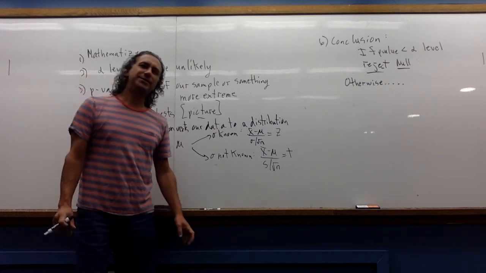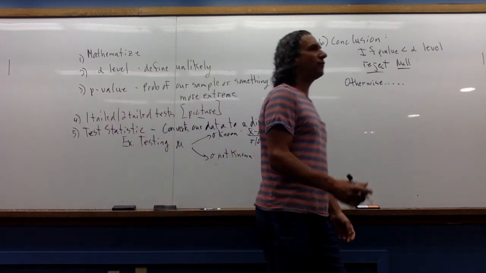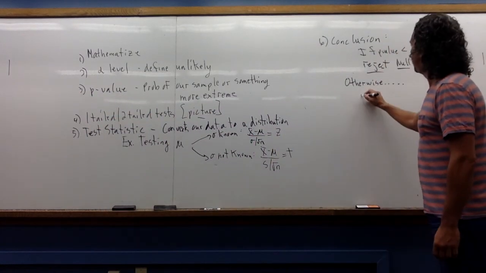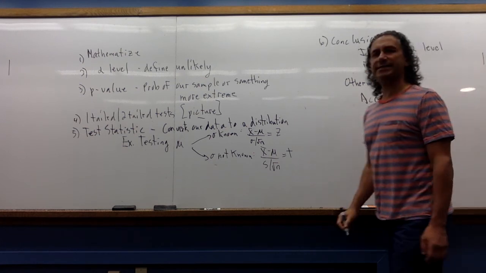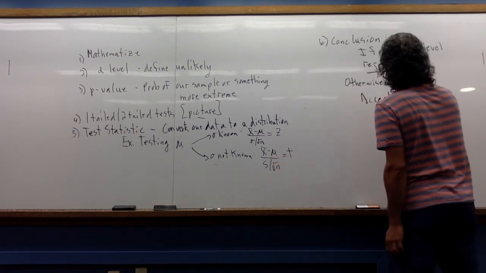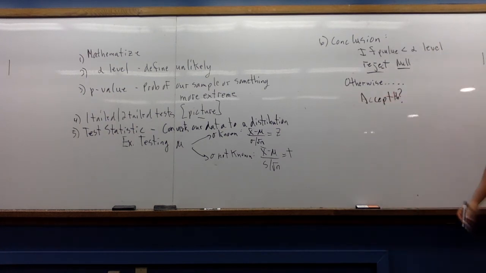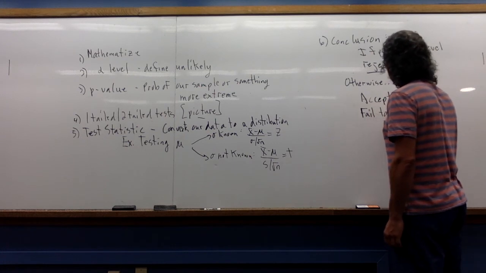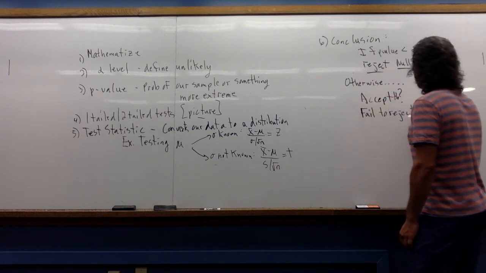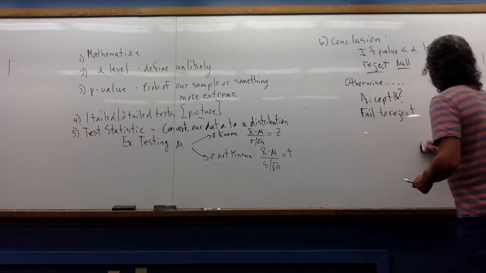there are actually two ways you could say it in English, right? If I don't reject the null, I could say that I accept the null, with a question mark. Or another way I could say it is I fail to reject the null. Fail to reject H naught.